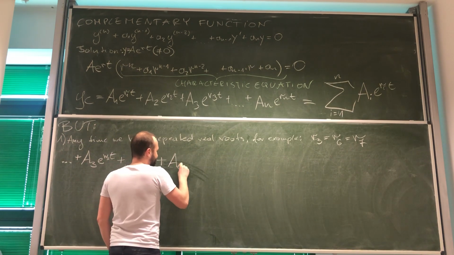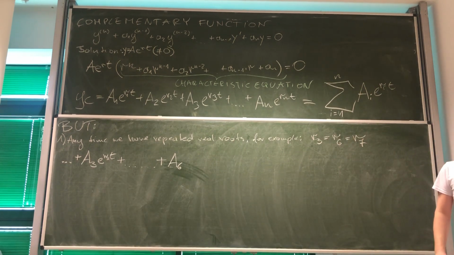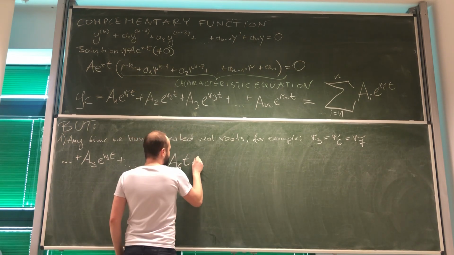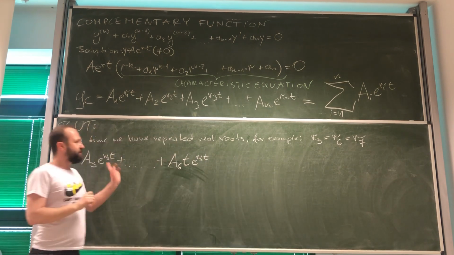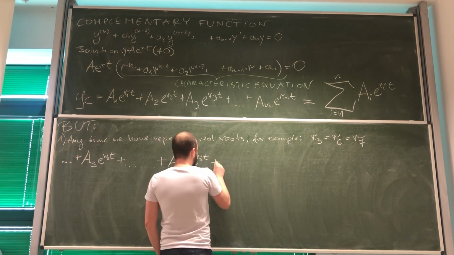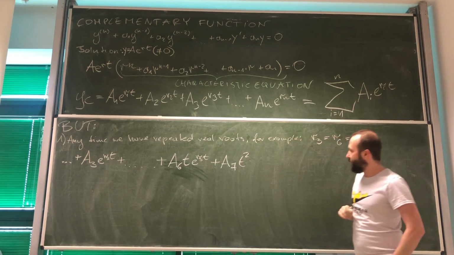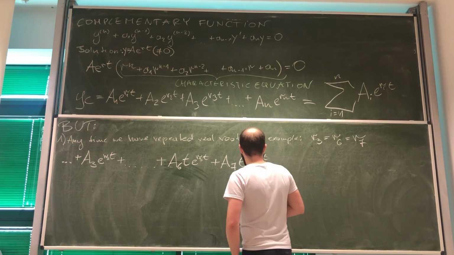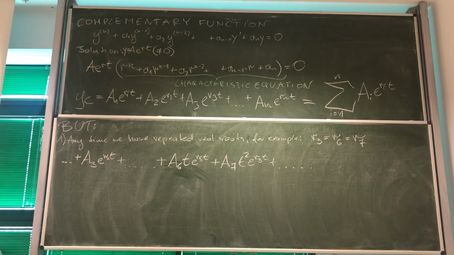We would have A6, but this R is the same as this one. What do we add? We add t. So we would have t e to the power r3t, right? Because those are all the same. And then we would have plus A7 t squared, an even bigger power, times e to the power r3t, plus some other components of the complementary function.